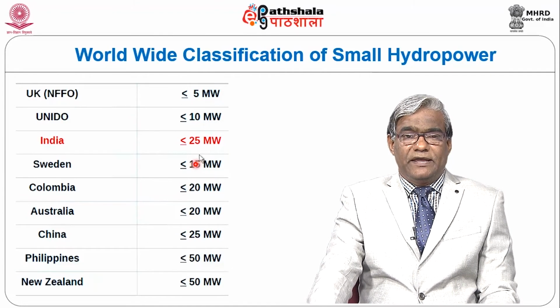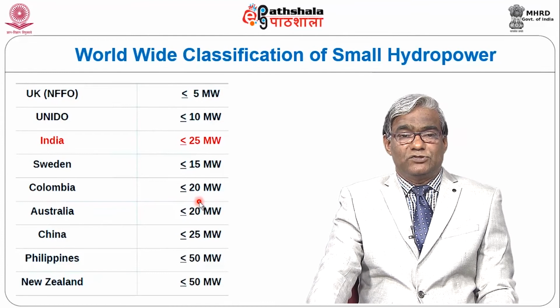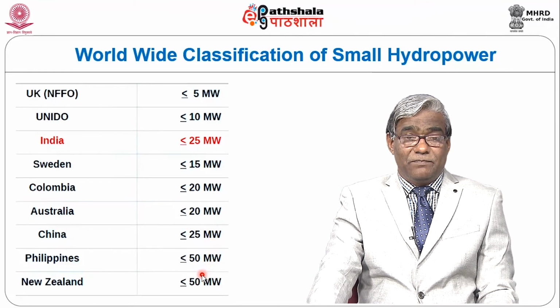If it is UK, even if it is less than 5 megawatt, then they call it small hydro, and Sweden, if it is less than 15 megawatt, they consider it as small hydro. Colombia, if it is less than 20 megawatt, then they consider it as small hydro. Australia, less than 20 megawatt. China, less than 25 megawatt, and Philippines, less than 50 megawatt. New Zealand, less than 50 megawatt.